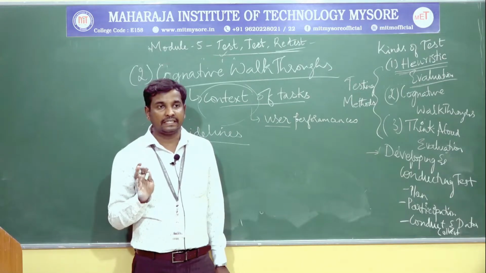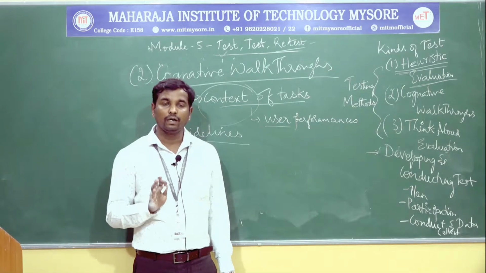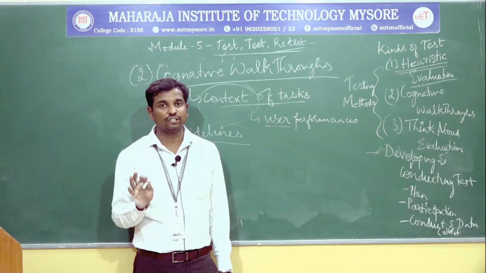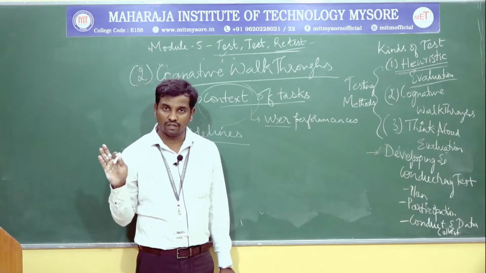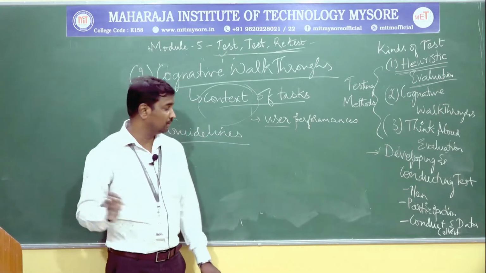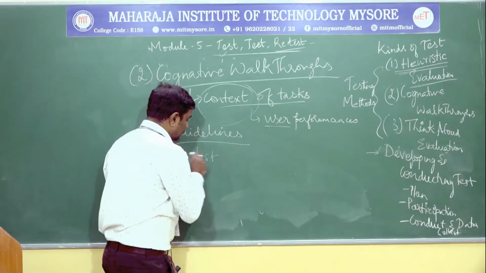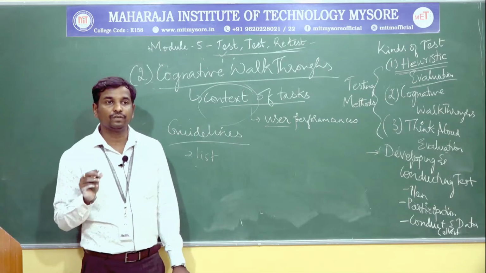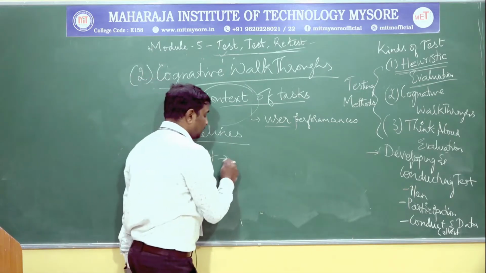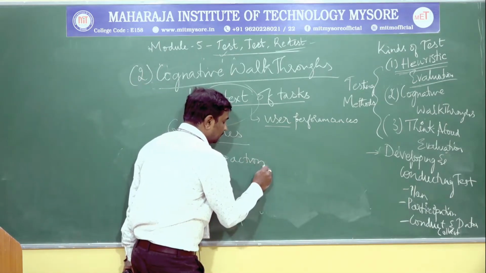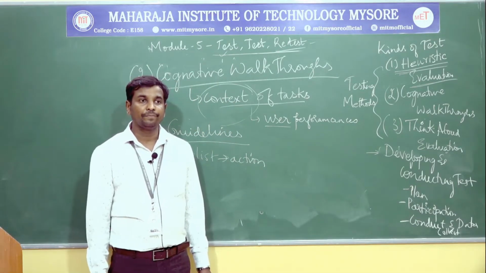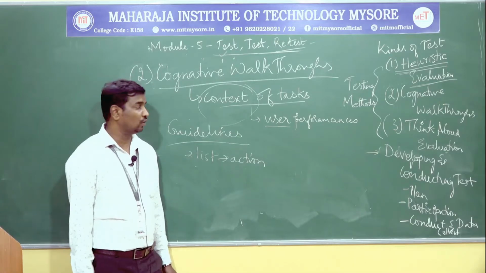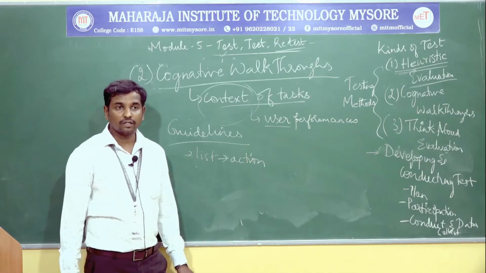For that, the developers need to give a proper descriptive representation of the task, and the information in the form of a list, with the content and the corresponding actions clearly represented. Those are the guidelines we need to follow when conducting a cognitive walkthrough.